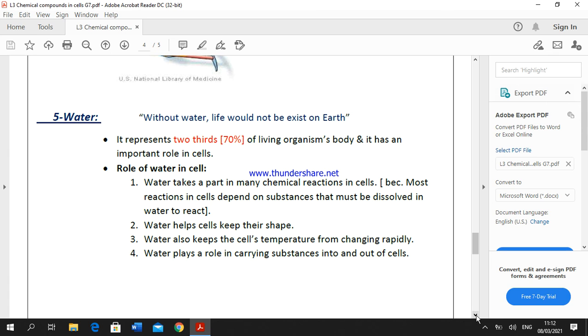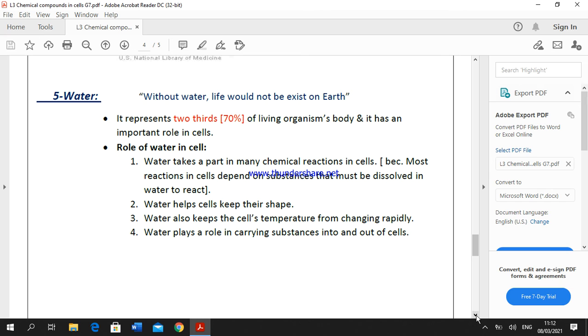Number one, it takes part in chemical reactions occurring inside the cell, because most chemical reactions in the cells depend on substances that are dissolved in water in order to react. Water also helps the cell keep its shape, keeps the body temperature constant, and plays an important role in carrying substances into or out of the cell.